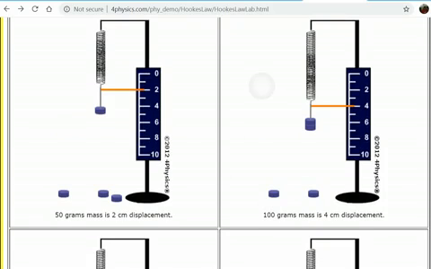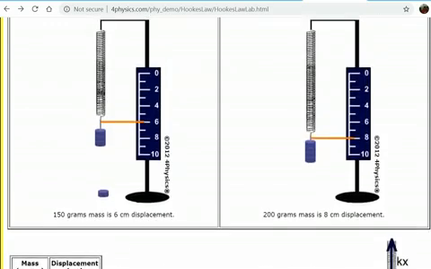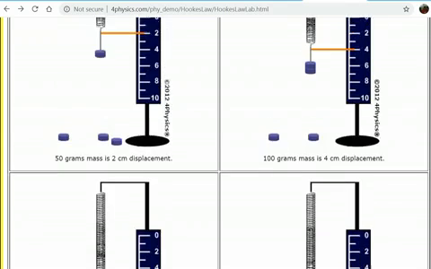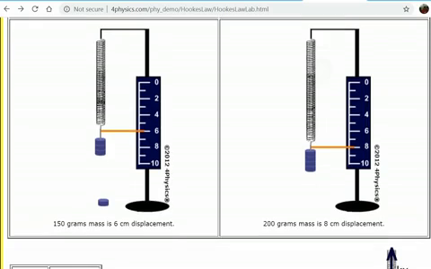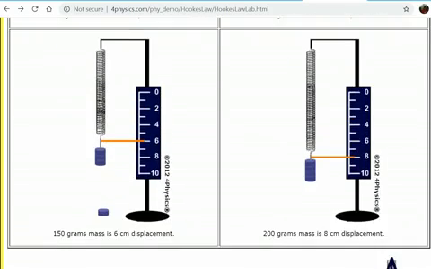Let's take a chance to look at these 4 diagrams. These are the 4 sections of the diagram. So take time, you guys can rewind and go forward and look at these diagrams.